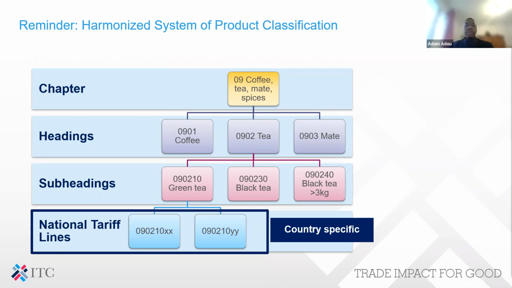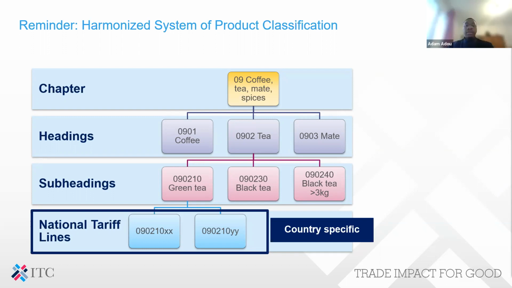If we take the example of green tea, maybe in the different countries of an Asian agreement, in each country there might be some very specific variety of green tea, and this can be captured with the national tariff lines. But one important thing to keep in mind: on the different ITC market analysis tools, we do not really use the regional tariff line.